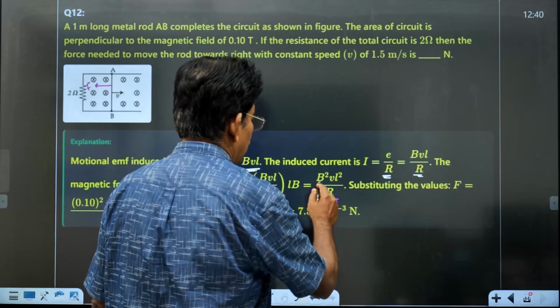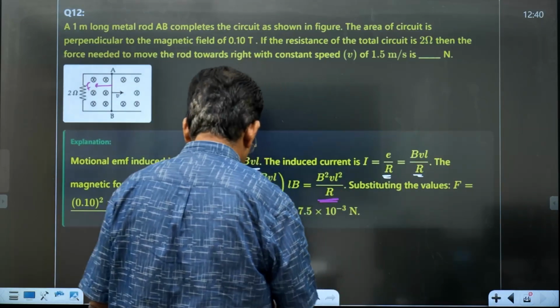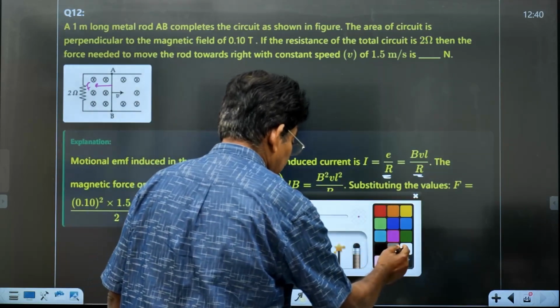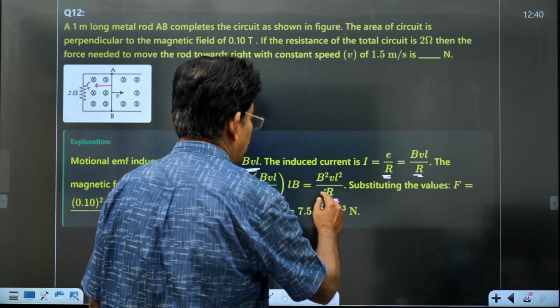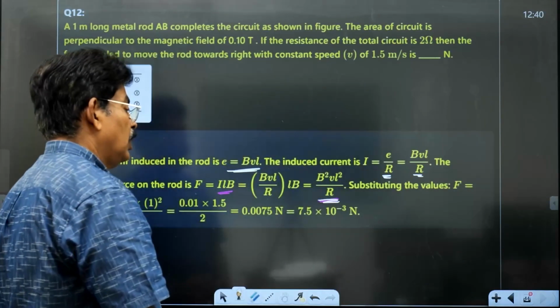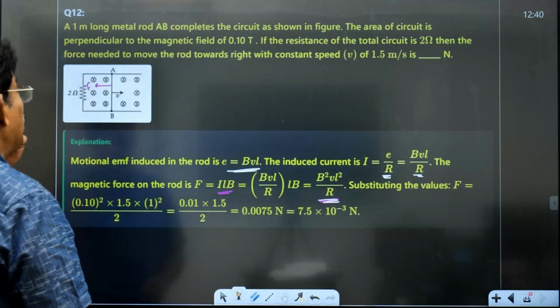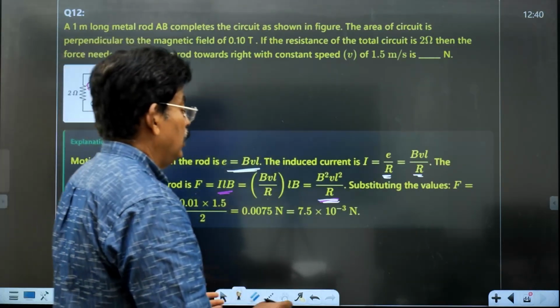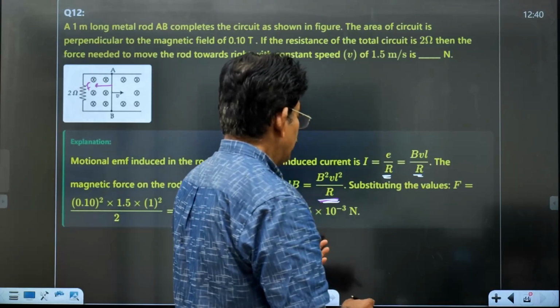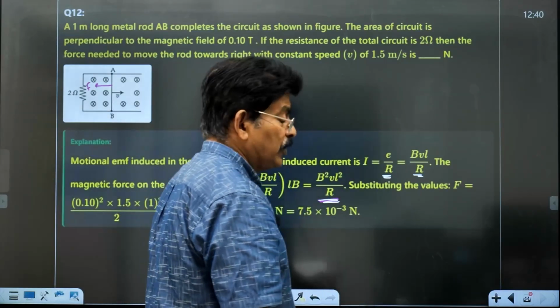Force is given to be B square L square V by R. We are doing it for the second or third time. When a rod is moving, the force acting is B square L square V by R. Now, tell me, look, we are moving with a constant speed. So B is fixed, V is fixed, L is fixed, R is fixed.